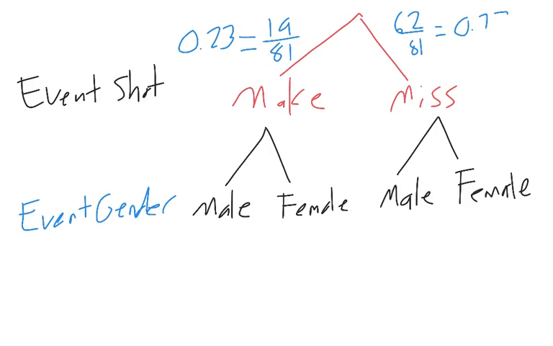Okay, so looking at these two branches, these are only looking at the people who made it. So I am no longer looking at the misses. It's kind of like a given statement. These branches represent only the people who made it. So looking at the makes, how many were male? Or what percentage were male makes? 13 out of 19.